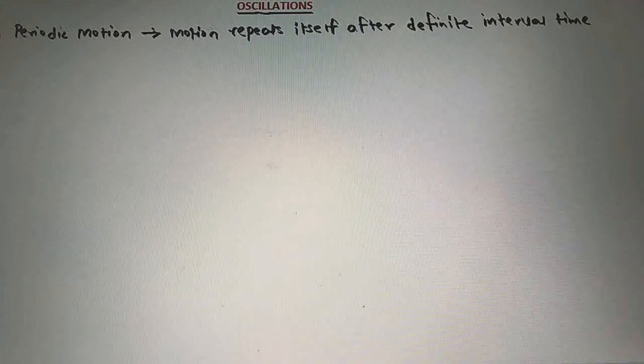That motion is called periodic motion. So what is periodic motion? Any motion that repeats itself after a definite interval of time, that motion is called periodic motion.